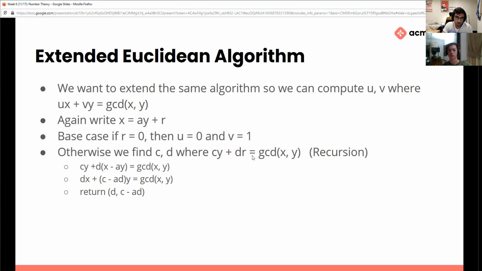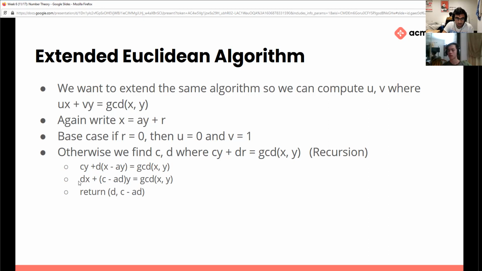We just substitute r equals x minus ay, and then rearrange it to find the corresponding linear combination where ux plus vy equals GCD of x and y.